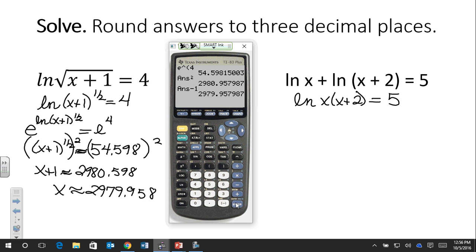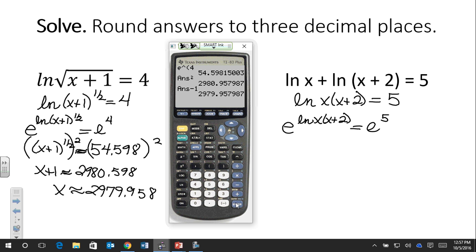Now if we want to clear a natural log out, what's the inverse operation for natural log? E. So we'll raise e to it as a power. Or we remember how to write it in exponential form, right? This is log base e. So e to the 5th, the answer to a log is a power, is equal to x times (x plus 2).